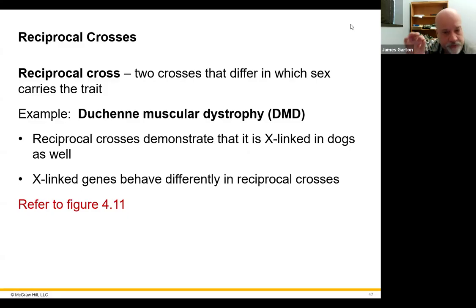And because of the differences in numbers of X chromosomes, the X-linked genes will behave differently if you get that disease from your mother or your father. And anyway, pedigree analysis, reciprocal crosses, and some other things have determined that this form of muscular dystrophy is inherited the same way in dogs as in humans.